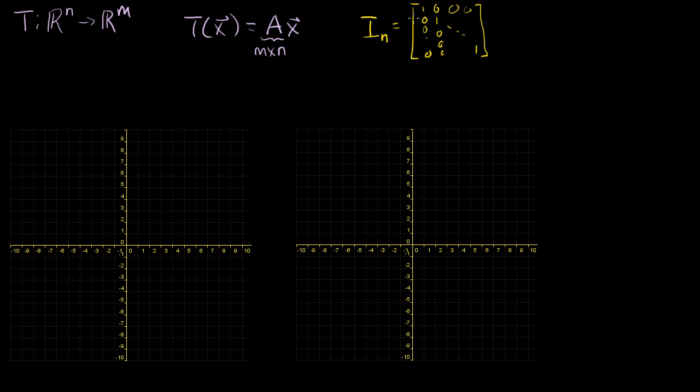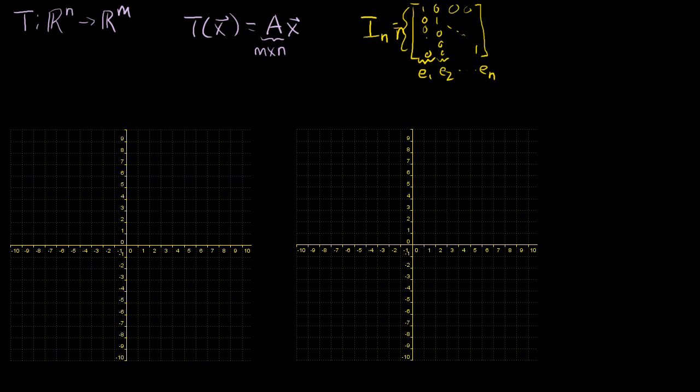You take your identity matrix and you perform the transformation on each of its columns. And we call each of these columns the standard basis for Rn. So this is column E1, this is column E2, and it has n columns, up to En. And each of these columns are, of course, members of Rn, because this is an n rows and n columns matrix.